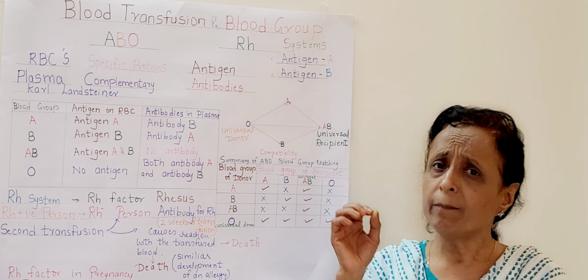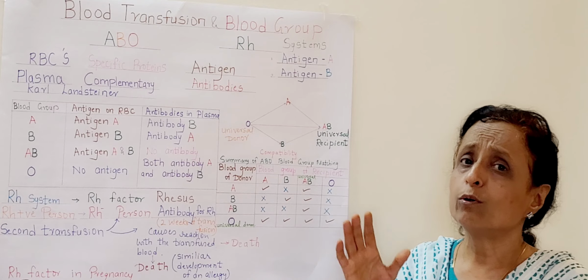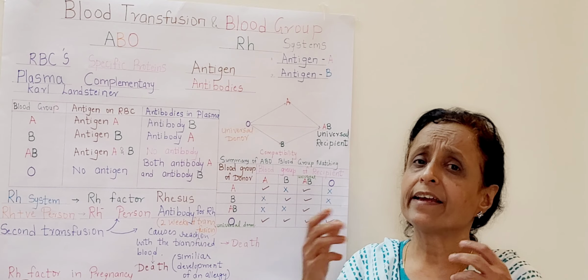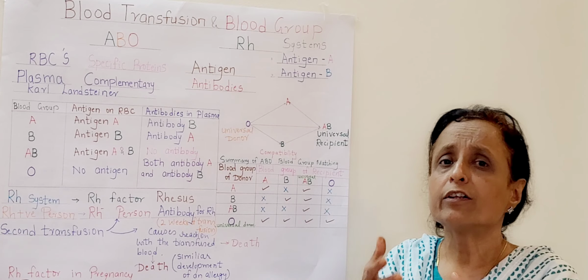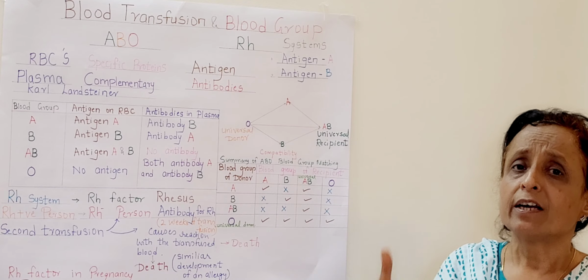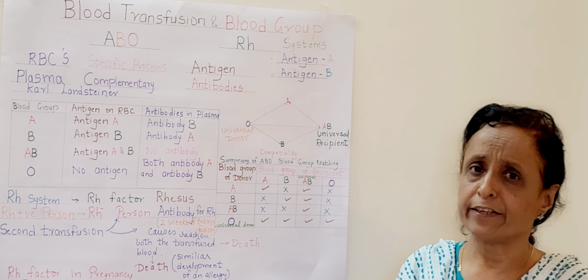The same formula applies for a pregnant lady who is Rh negative and carrying a fetus which is Rh positive. The blood circulating in the mother is Rh negative and the fetus is Rh positive.